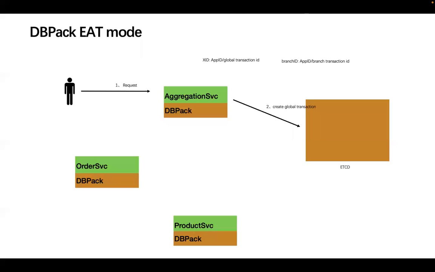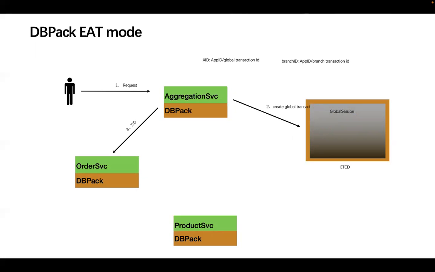And DBPack, which is the sidecar on the aggregation service, will generate the XID and create the global transaction data on the etcd server. We have the global session here. Then we pass the XID, for example by HTTP headers, to the order service by calling the order service API.